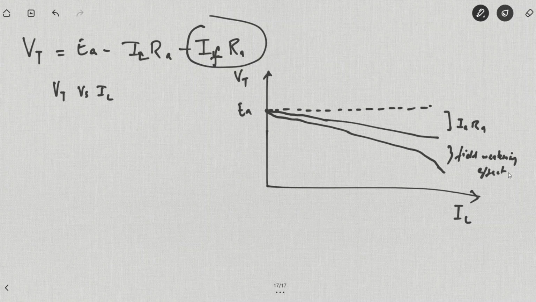This drop is not something you can see in the separately excited DC generator, it is only available in the shunt DC generator. The current flowing through the armature resistance contributes to the IRA drop, because of which the terminal voltage will decrease. And secondly, the terminal voltage will also decrease because of the increase in the field weakening.